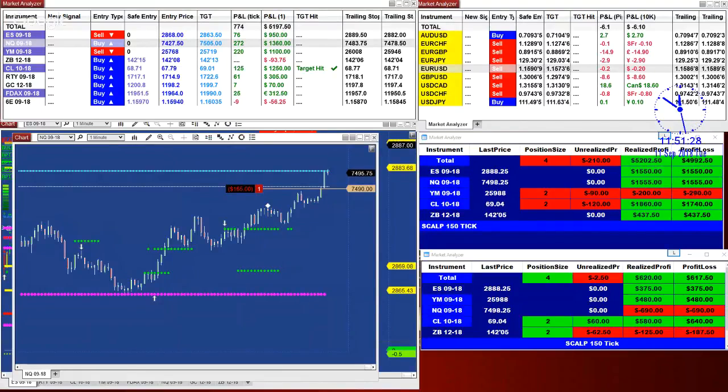I should have put that short at the second line, but I cannot do anything on the charts. This is one, this is your second, and then above it is the stop loss.